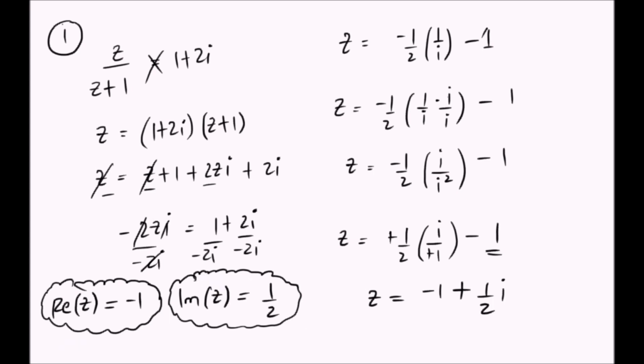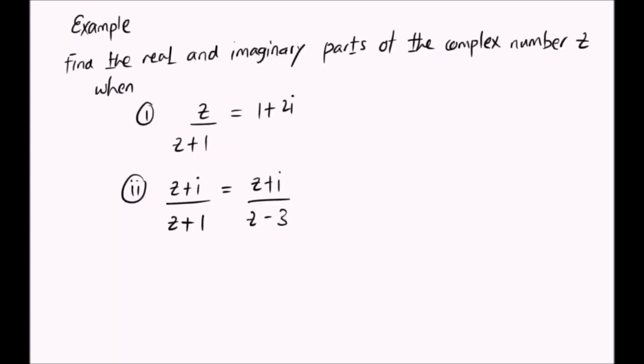Let's do Roman 2. So Roman 2 says find the real and imaginary parts of the complex number Z when Z plus i over Z plus 1 is equal to Z plus i over Z minus 3. Let's do that one. So in Roman 2 we had Z plus i over Z plus 1 and Z plus i over Z minus 3.